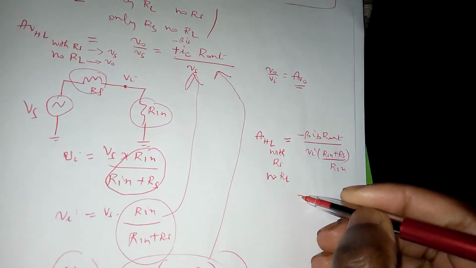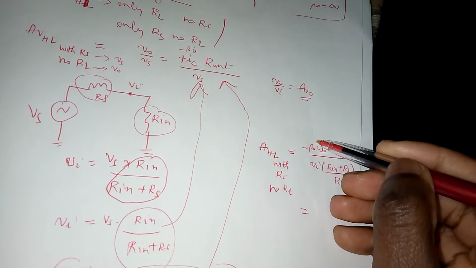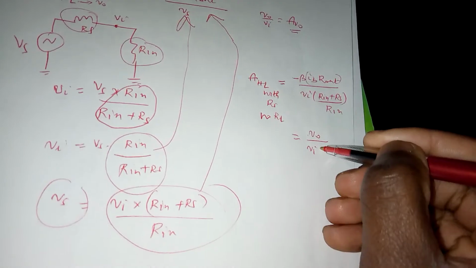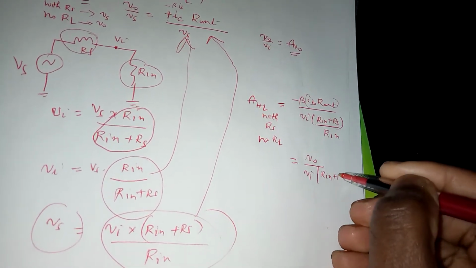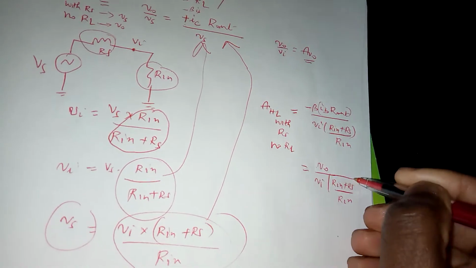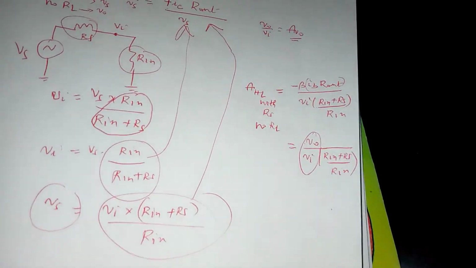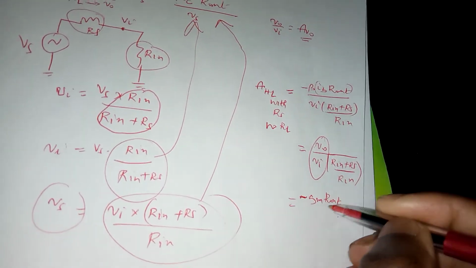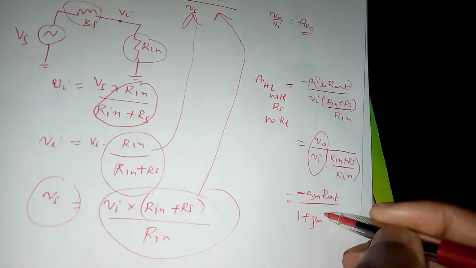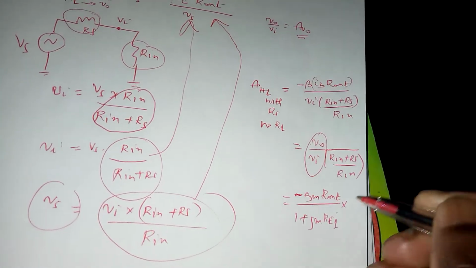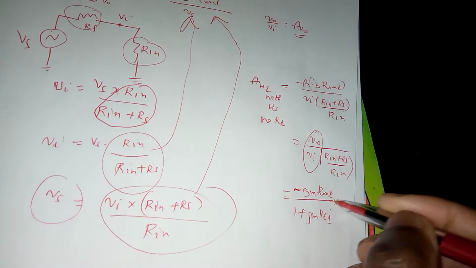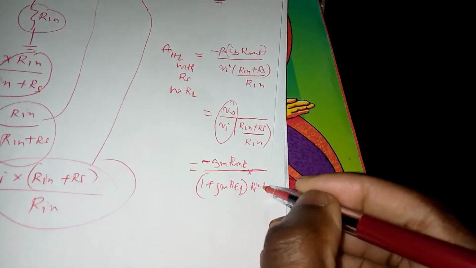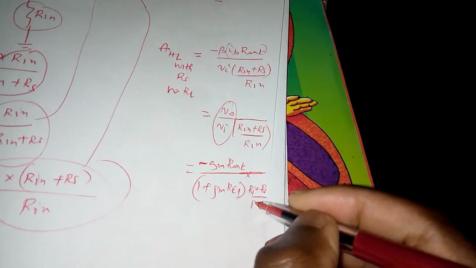In fact, we don't even need to work out V out on top, because we can keep it as V out on top and Vi underneath. We get Rin plus RS over Rin. Because we know V out over Vi is approximated to minus gm R out over 1 plus gm RE1, it's all of that multiplied by that fraction, Rin plus RS over Rin.